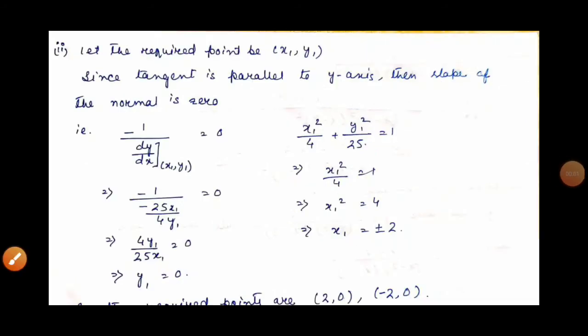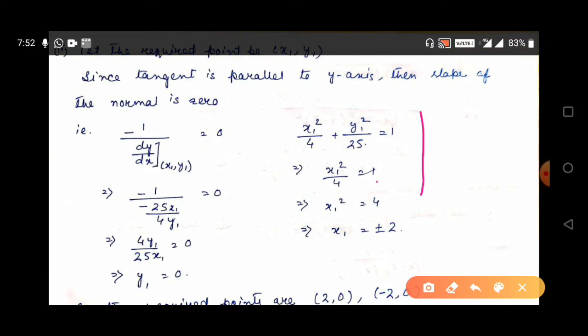Now in question number 2 we have to find the points on the curve at which the tangents are parallel to y-axis. So if the tangents are parallel to y-axis, suppose I am drawing any curve, suppose like this, and I am drawing here a tangent. This tangent is parallel to y-axis. We know normal is a perpendicular to the tangent.